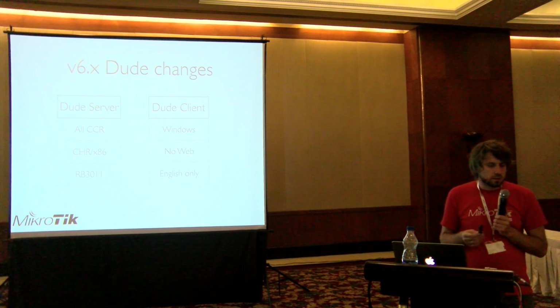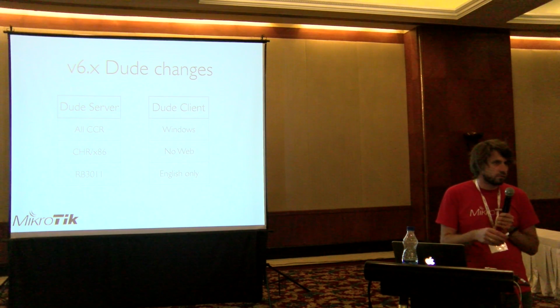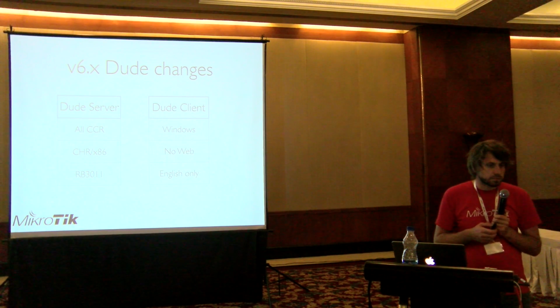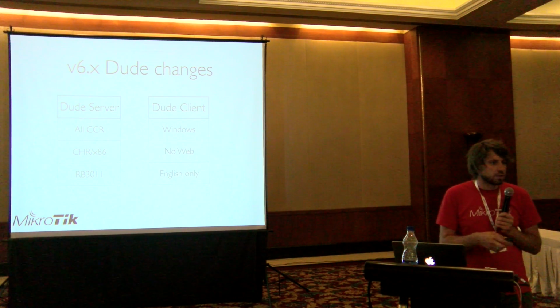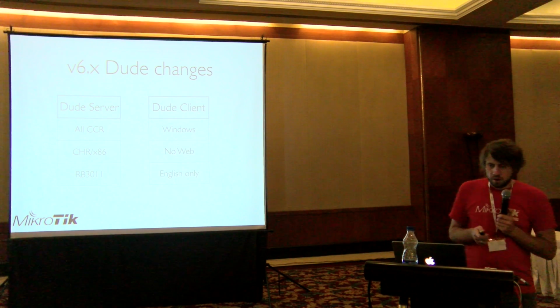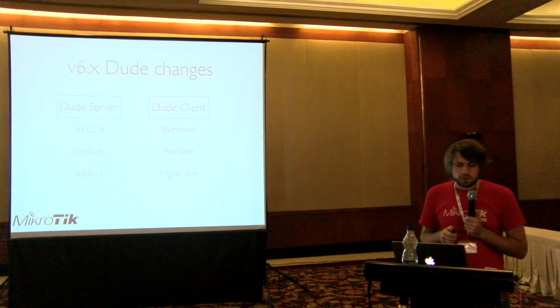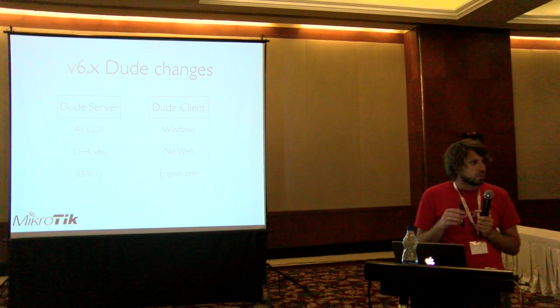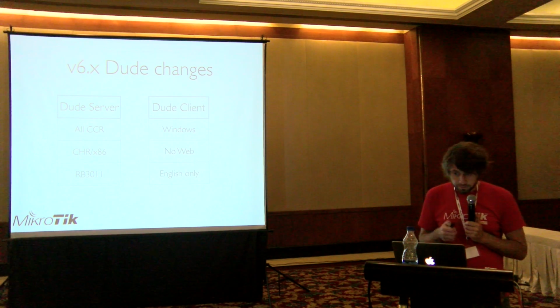So consider fast and big enough storage for your Dude, because for example, microSD might not be so fast. That's why otherwise you use USB or something like that. Okay, so this is the first and the main change of the Dude. So the server is now available on routers, and the client is available as usual on Windows.